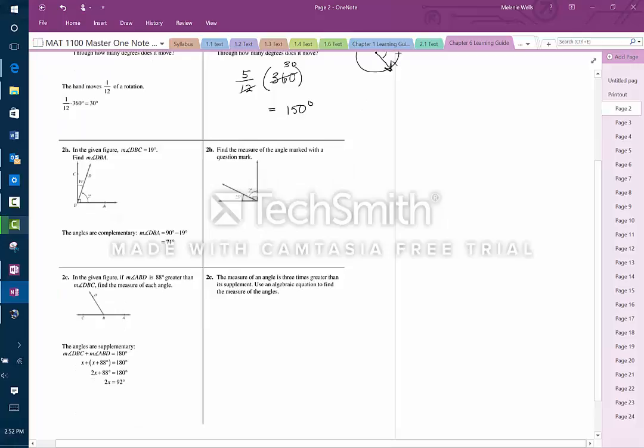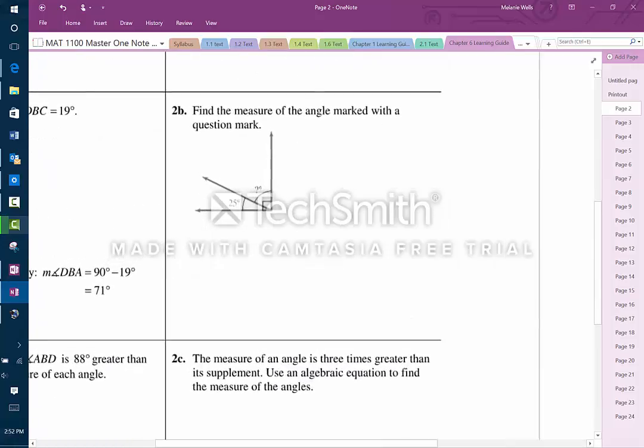Okay, 2b, find the measure of each angle marked with the question mark. Zoom in a little bit. So what we have indicated here is anytime you have a square on the vertex of that angle, it does indicate that that's a right angle. So what we have here are 2 complementary angles, since they would add up to be 90 degrees.